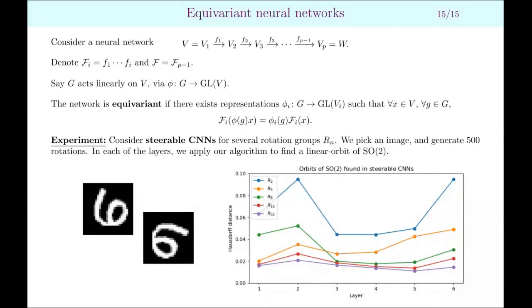And a neural network is said to be equivariant when you have an action of a group on the input, for instance rotating the images. Applying this action on the input and looking into the inner layer is the same thing as looking into the inner layer and applying another action. So the action on the input translates in the inner layers.